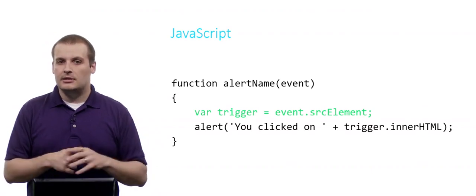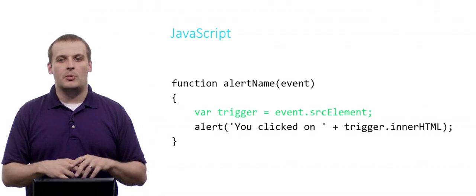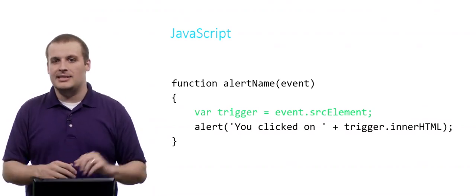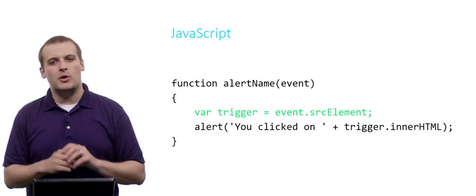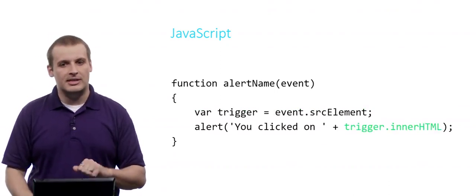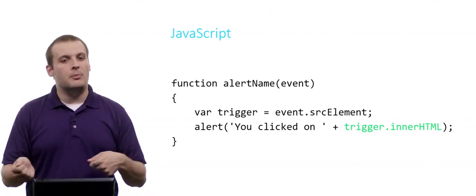Because again, this is automatically generated. The page knows which button we touched. And so basically that button, whichever one of the two it was, is getting passed into this function. Then, and you'll see a little bit more of this when we talk about the document object model, I can access that trigger's innerHTML to figure out which button was clicked.